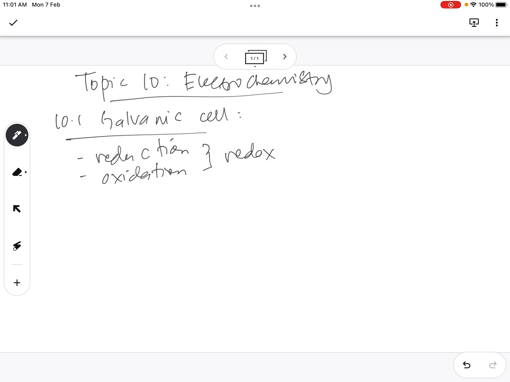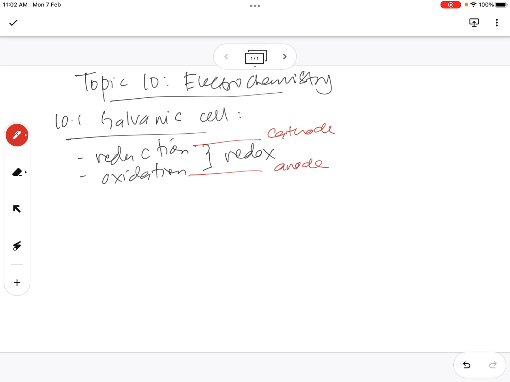Okay, and particularly for this electrochemistry chapter, we remember that our reduction always takes place at cathode, while our oxidation takes place at anode.